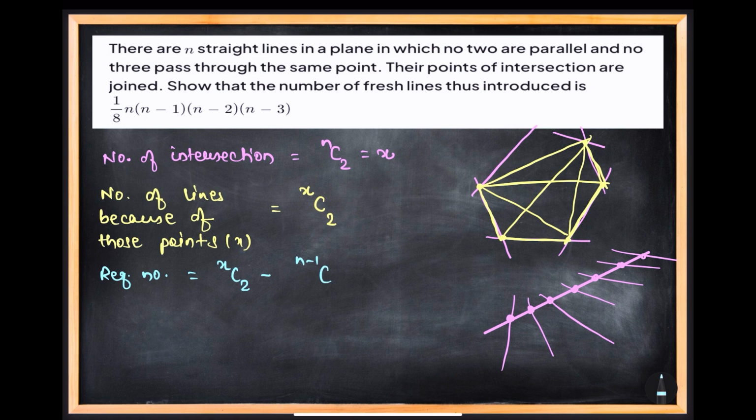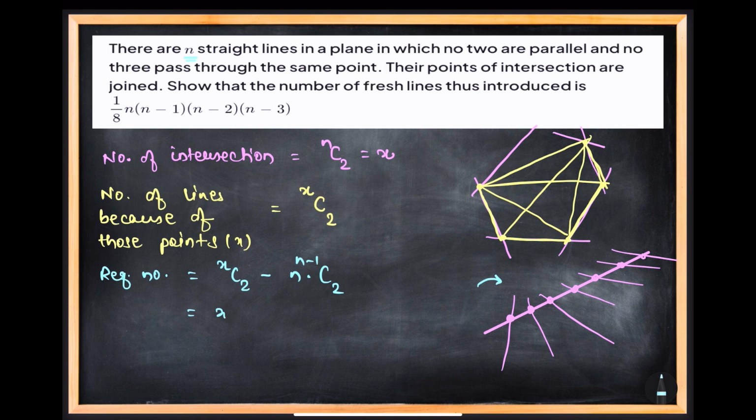And because of those n minus 1 points, you can draw this many straight lines, (n-1)C2. So this many straight lines are on a single line, and this type of line we have n. So can I say that it is n times this many lines which we have to remove? Because this will make old lines. So we have to simplify this thing and things are done.